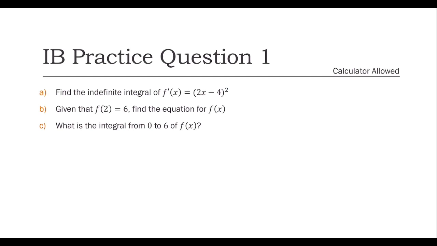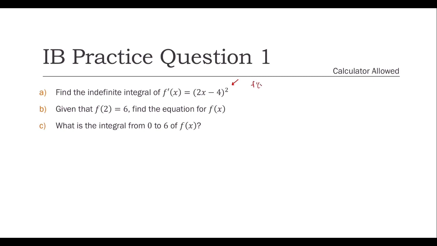So here we have our first IB practice question where the calculator is allowed. It says find the indefinite integral of f prime of x equals 2x minus 4 squared. So that's part A. So to take the integral here, we don't know how to do it if there's a squared on the outside, so we're going to go ahead and multiply that out.